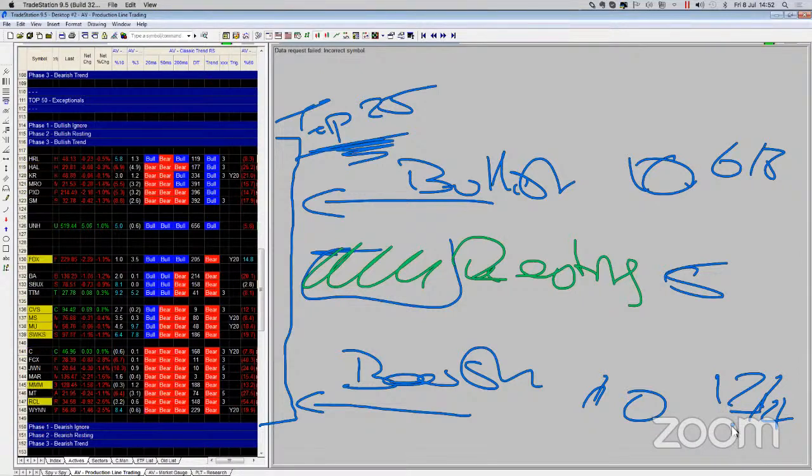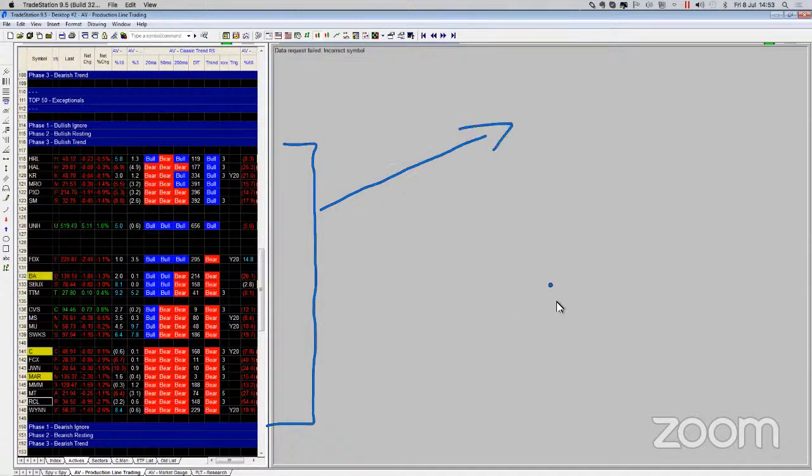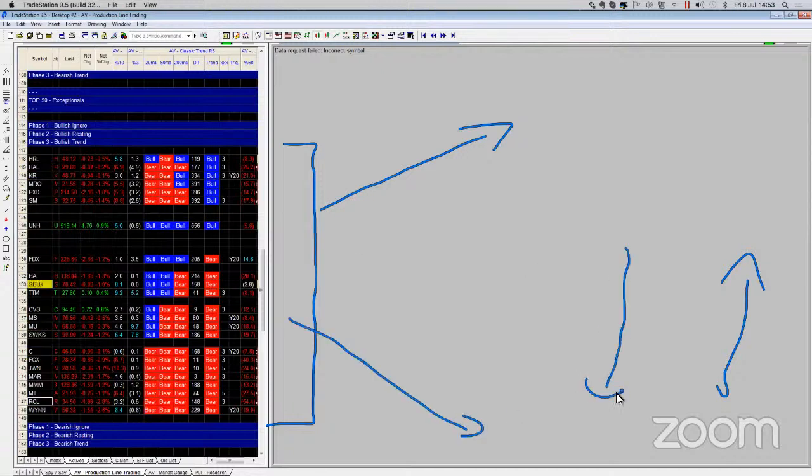If I just tidy my chicken scratch handwriting up, when the bullish trades move higher with the up movements in the markets, and the bearish trades move lower with the downswings in the markets, I've got a balance of the trades that should be open in my portfolio. Some of them are going to be bullish, some of them are going to be bearish.